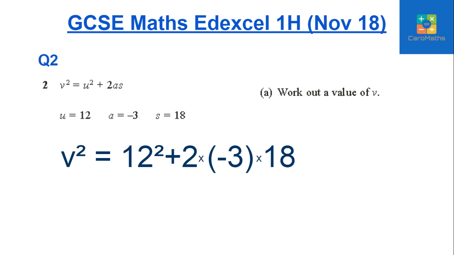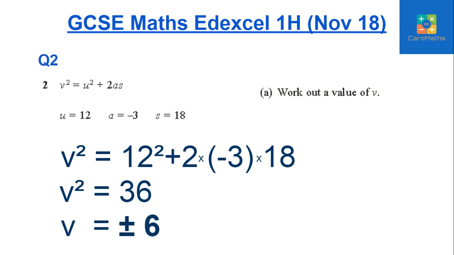And you can do a bit of maths there to get b squared equals 36, and then you take the square root on both sides to get b equals plus or minus 6. And don't forget the plus or the minus, because plus 6 squared equals 36, but minus 6 times minus 6 equals plus 36 as well.